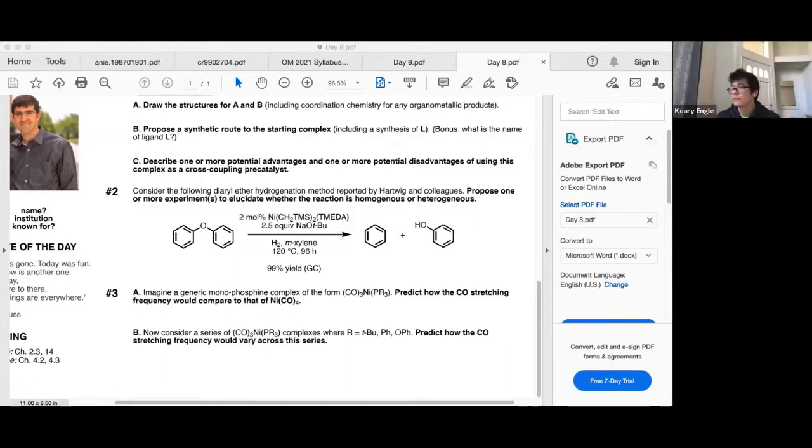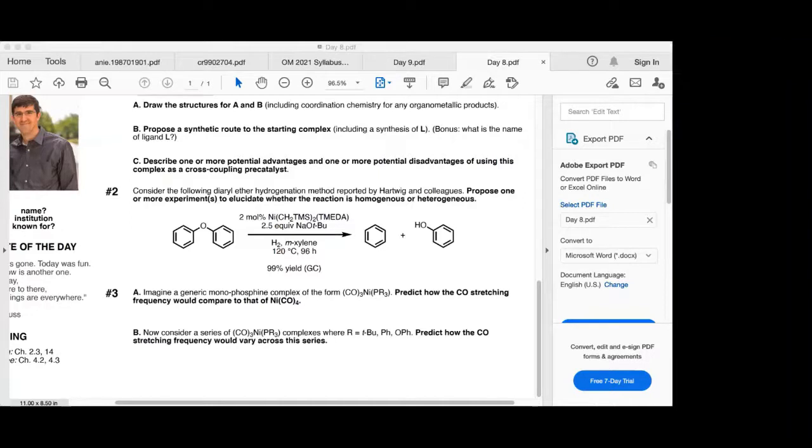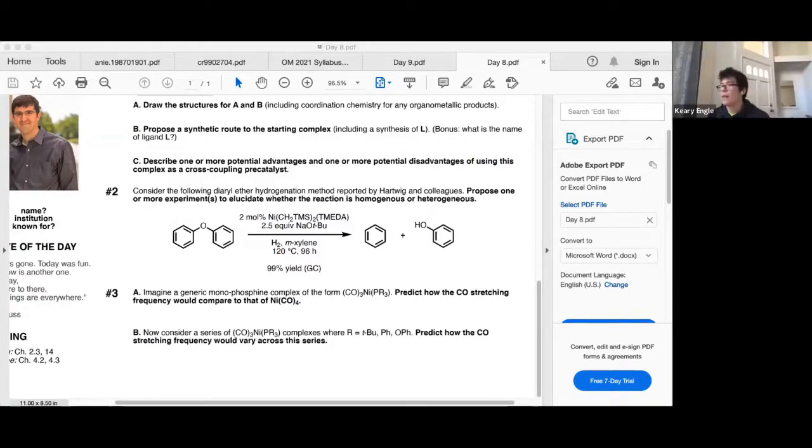So back bonding into the CO ligands will be much stronger, so it'll make it more like CO double bond in character. So I think it'll have a lower wave number than just regular nickel CO4. Okay, and then pause here.